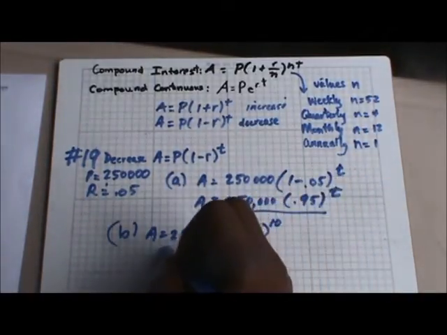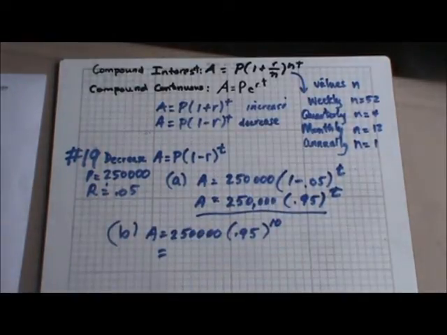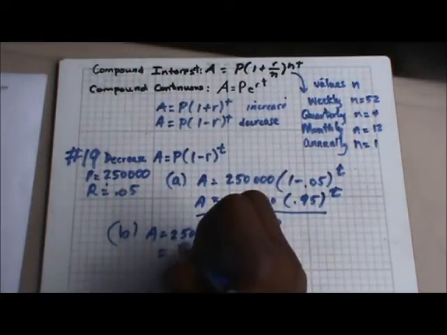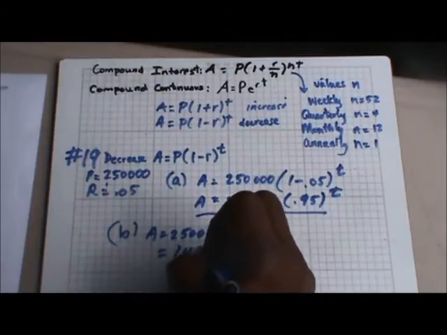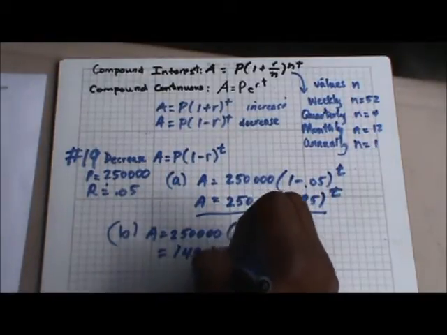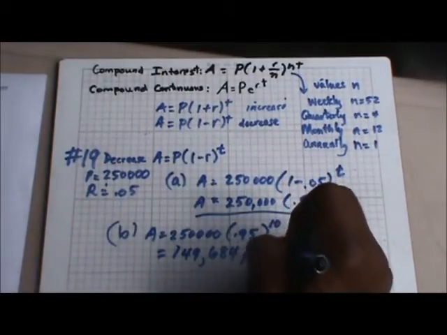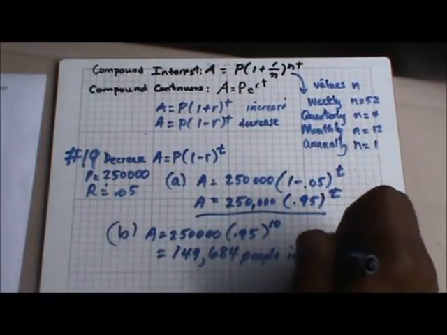After doing the calculation in our calculator, we can say in about 10 years there's going to be 149,684 people.